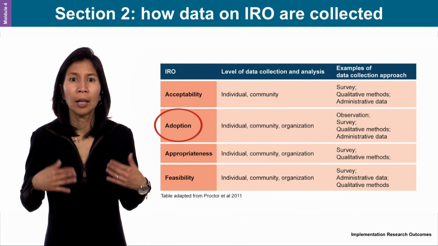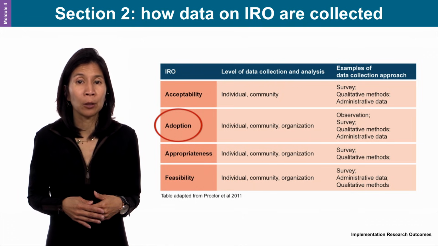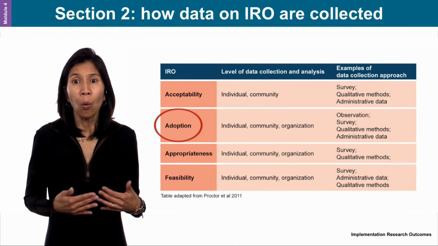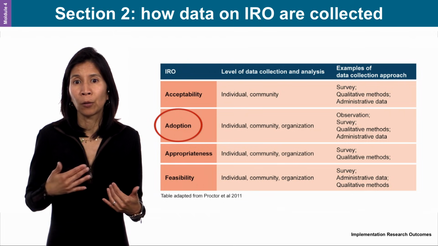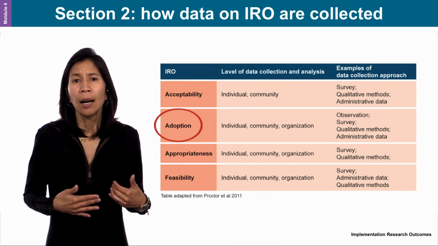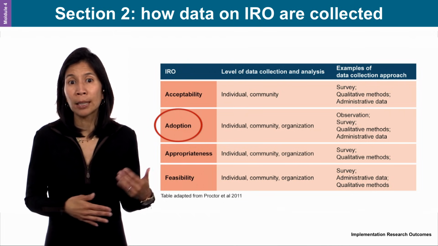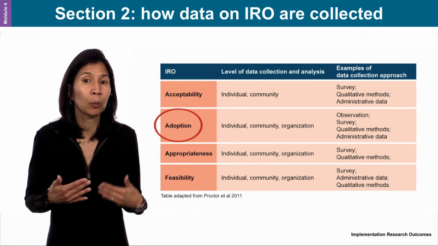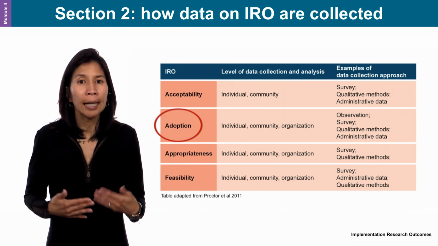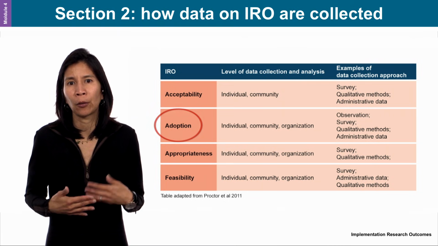Adoption can be seen through observation, through a survey, or through other qualitative data, such as in-depth interviews or focus groups, and through administrative data. For example, you can examine clinical records to check if primary care physicians are appropriately screening for and referring to mental health services.